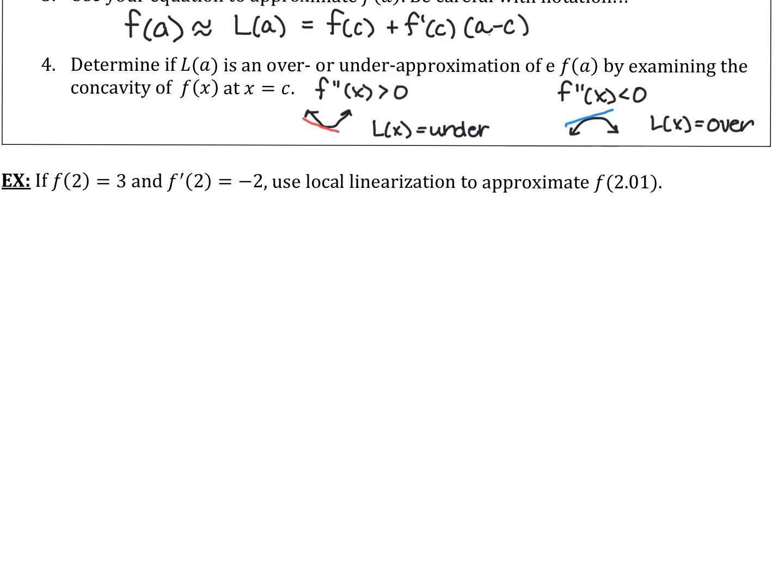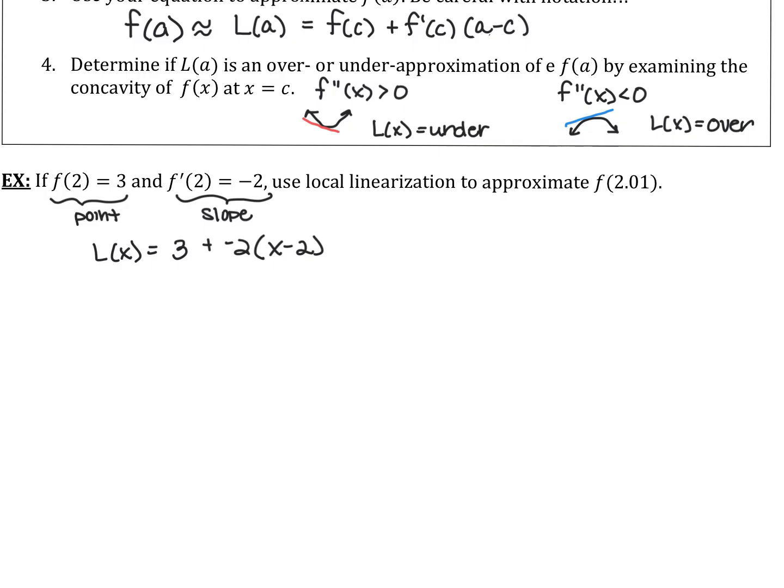What it takes is a point, which we have right here, and a slope, which we also have right here. And so my function looks like this. My function says L of x equals the y value, 3, plus the slope, negative 2, times x minus 2. And this is what we refer to as my linear approximation.